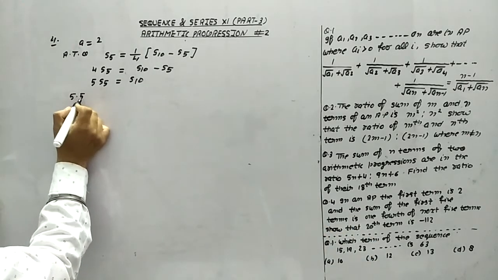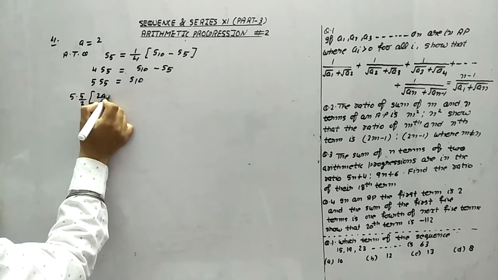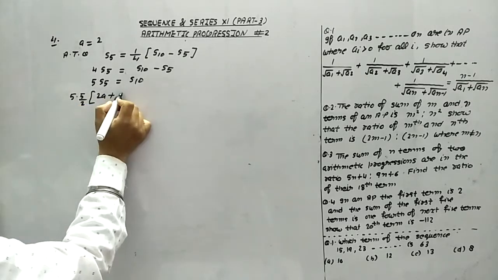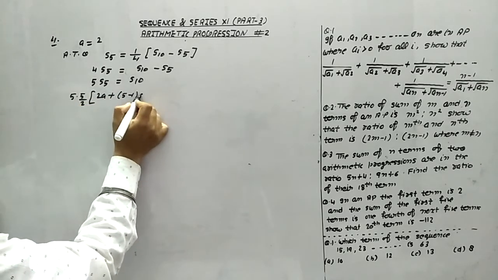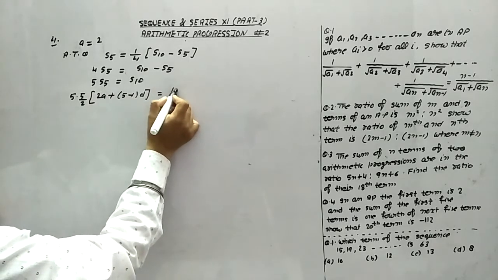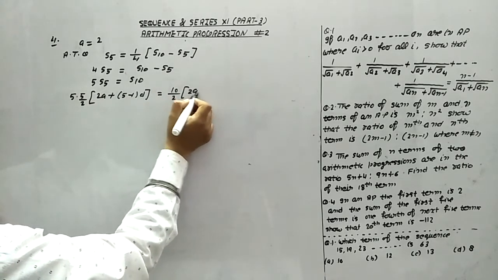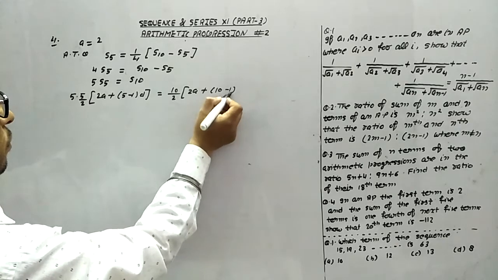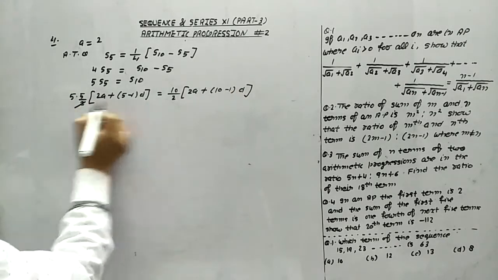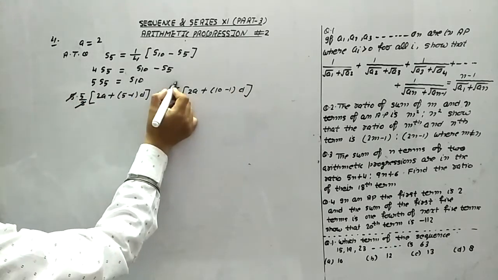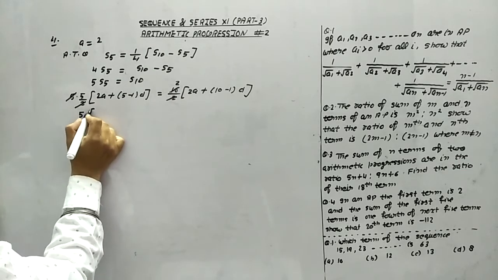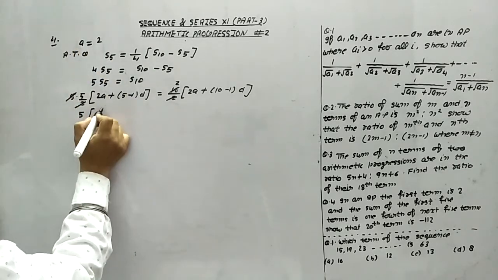Now first apply the rule: 5 by 2 into 2a plus 5 minus 1 into d, where a is the first term and d is the common difference, equals 10 by 2 into 2a plus 10 minus 1 into d. Here the 2 cancels out. 5 twos are 10. The value of a is 2.